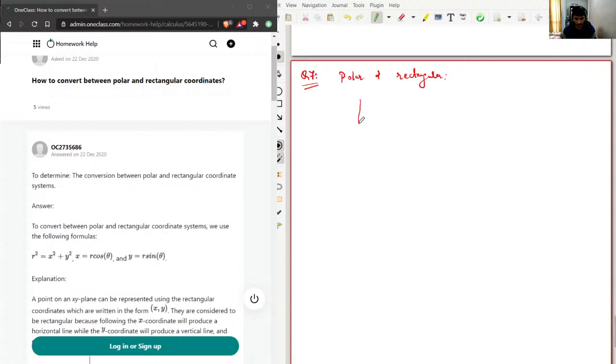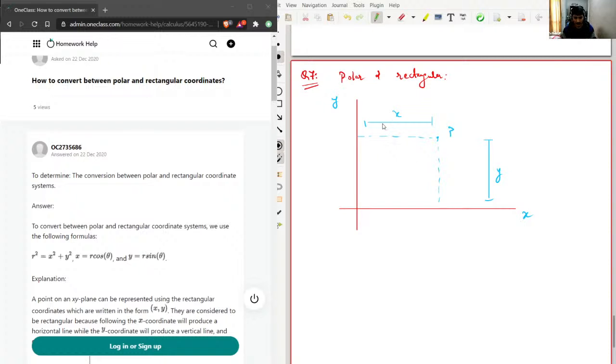So I'll just draw a coordinate system, and let's say we have a point P here, this is y-axis, this is x-axis, this distance is y, this distance is x.